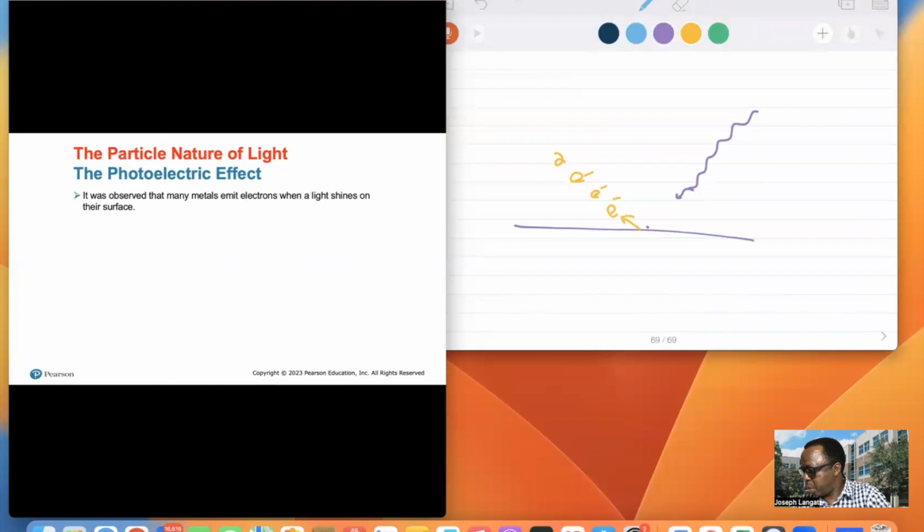Remember, electrons are negatively charged. So when light shines on the surface, the metals emit electrons. This is called the photoelectric effect.